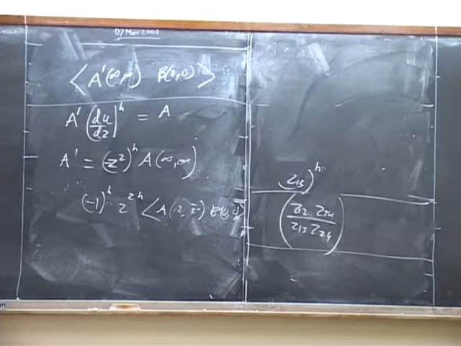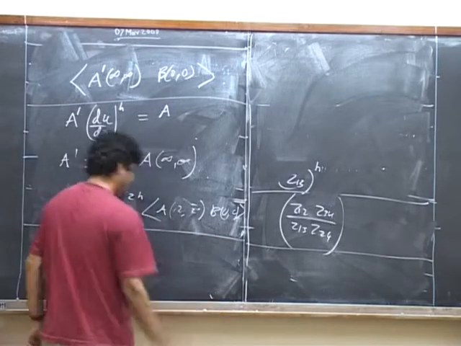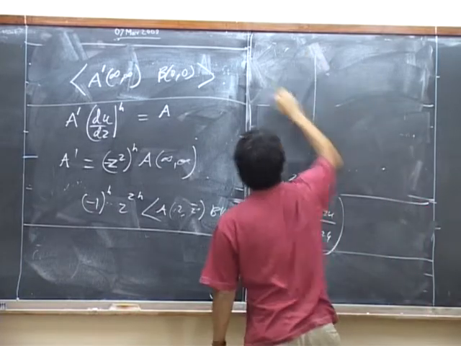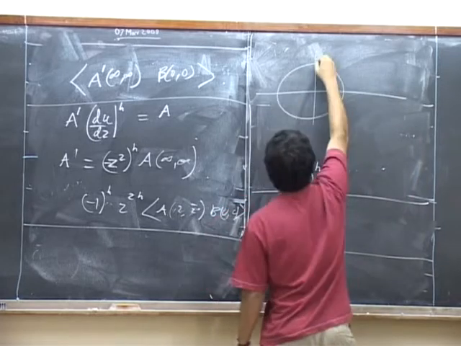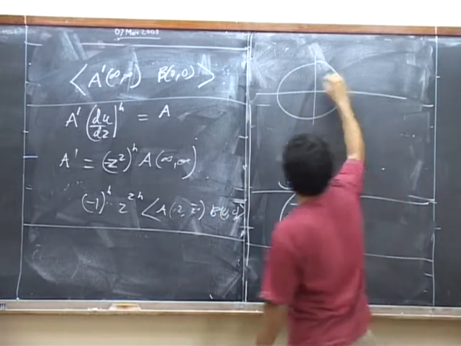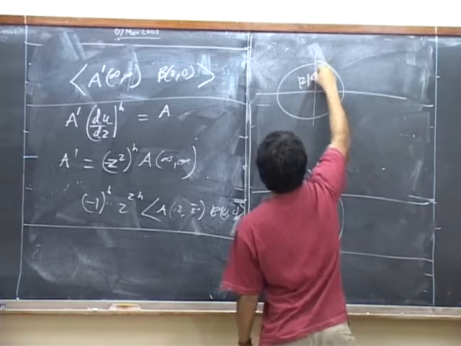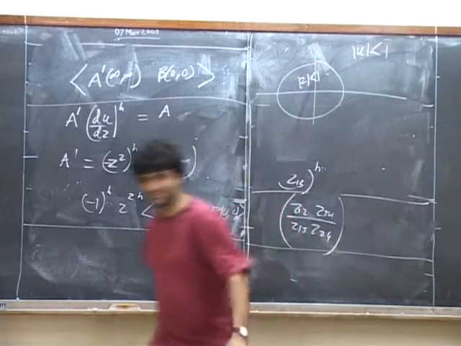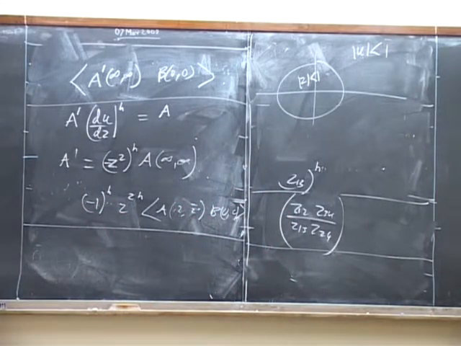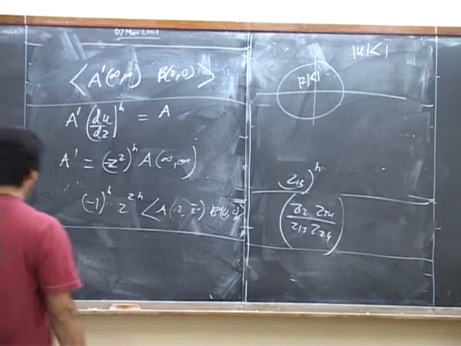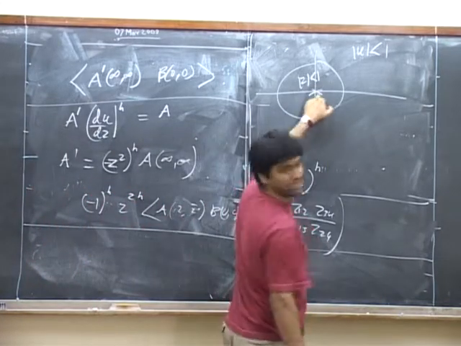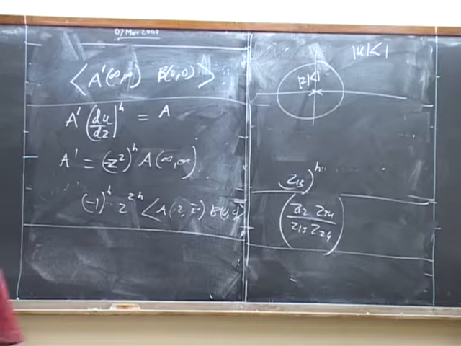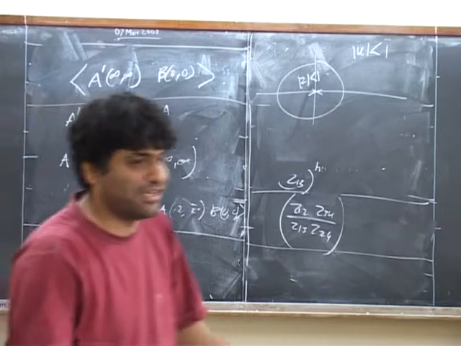Now let's try to understand what this quantity is. In order to understand that, let's take the sphere, the complex plane, and divide it into two regions: the region mod z less than 1, and the region mod u less than 1. Now we know what the path integral with an A insertion in the mod z less than 1 disk gives us on the boundary of that disk. It gives us the wave function corresponding to that operator.